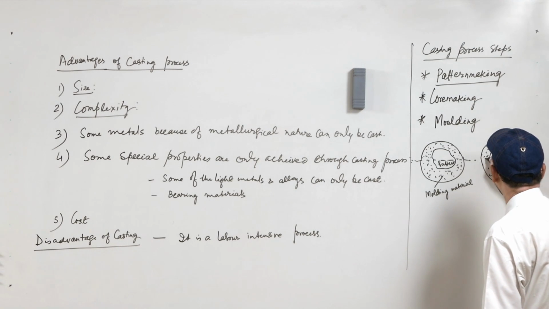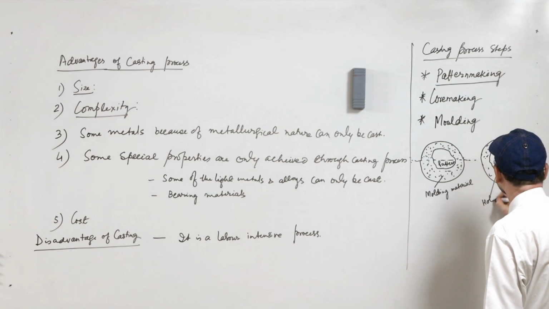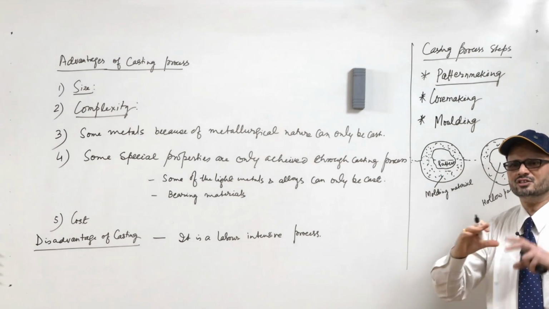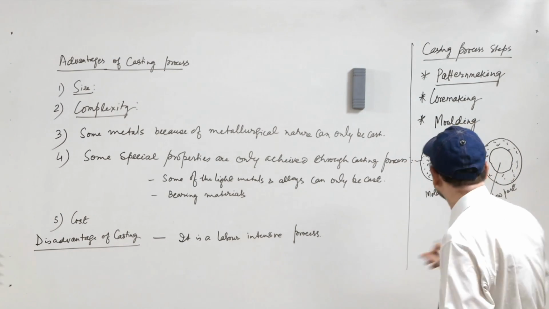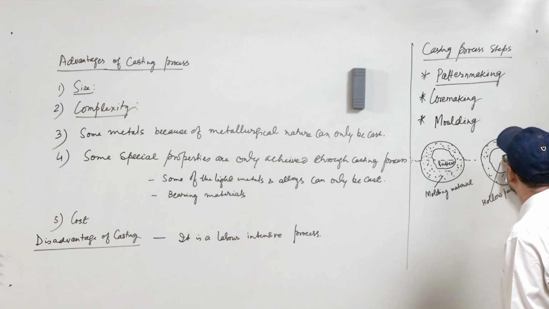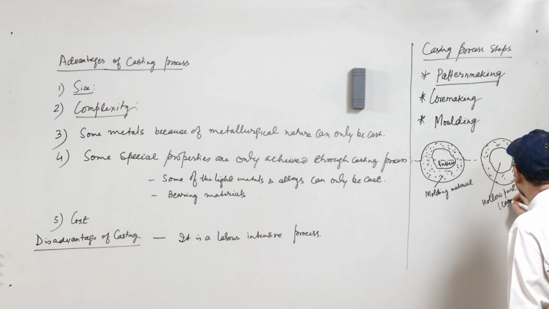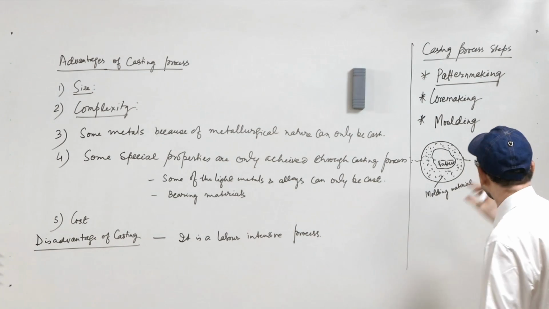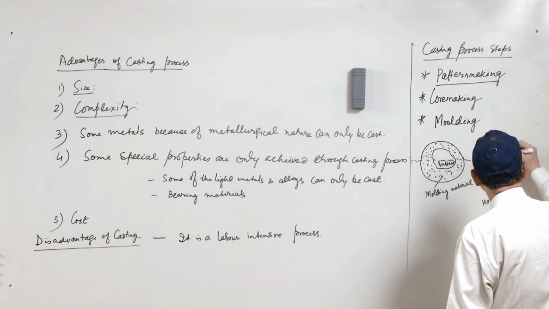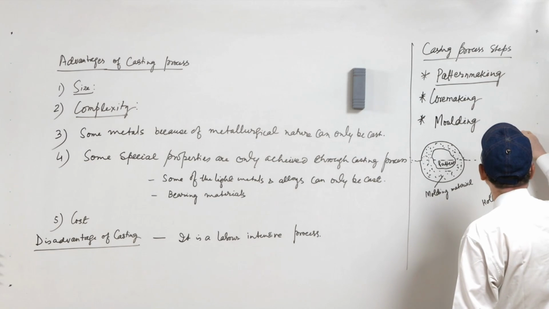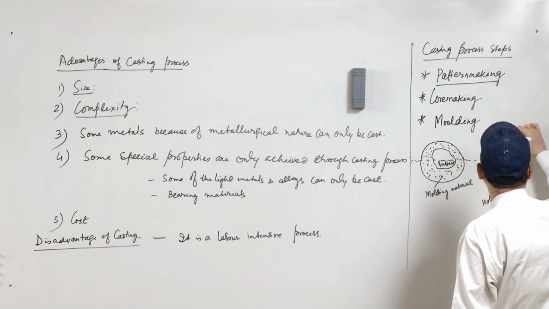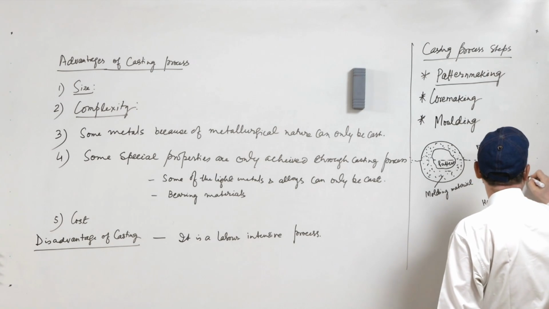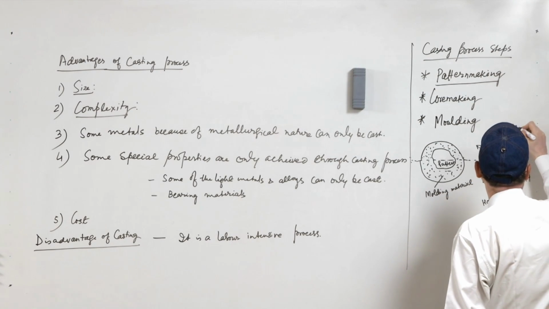This hollow part is known as the cavity. Once we draw the pattern from it, it becomes a cavity in which the molten metal is to be poured. This molten metal, once it goes here, will try to lose its heat, H, to the surroundings.